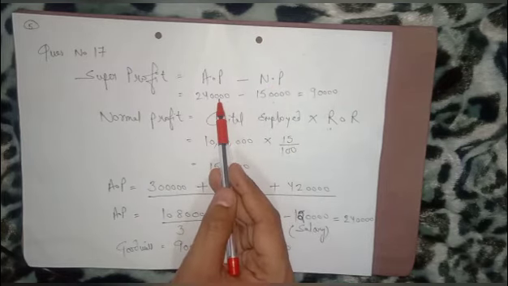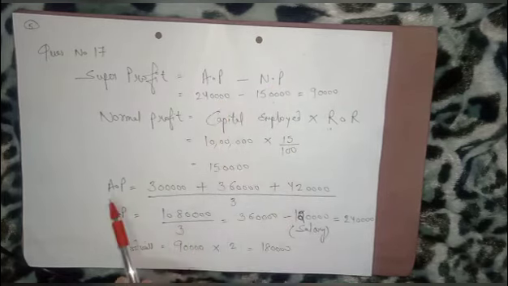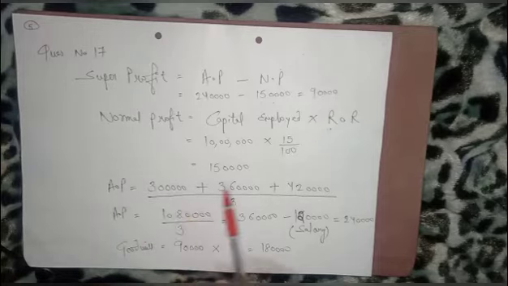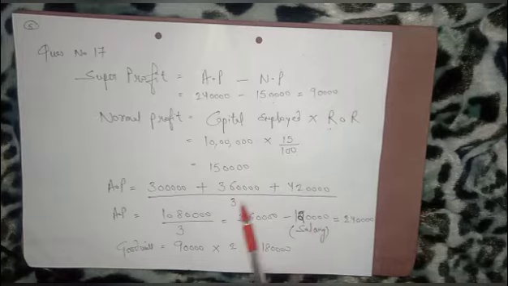Average profit you can calculate like the first method. In the statement, profits of the 3 years are given: 3 lakh, 3 lakh 60 thousand, 4 lakh 20 thousand divided by 3, the number of years. You get an average profit of 3 lakh 60 thousand.